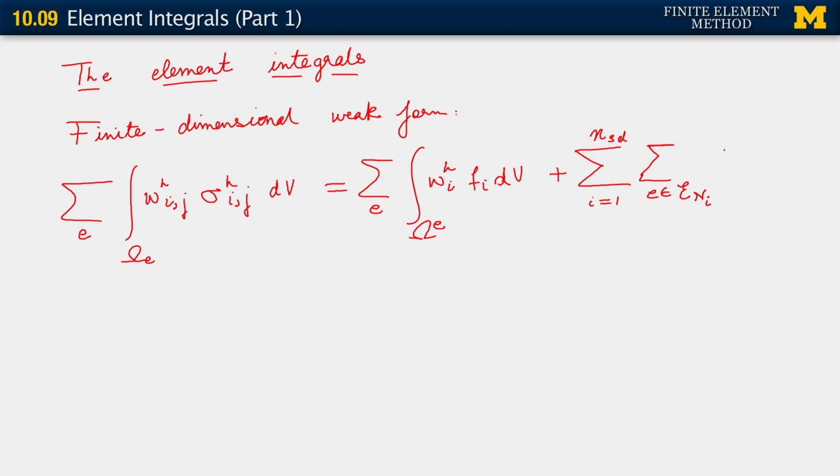Okay, so we have that, and then the integral is over partial omega t bar i, and I'll put the E up there, right? And this, of course, is the same, w^h_i t bar_i dS, right?